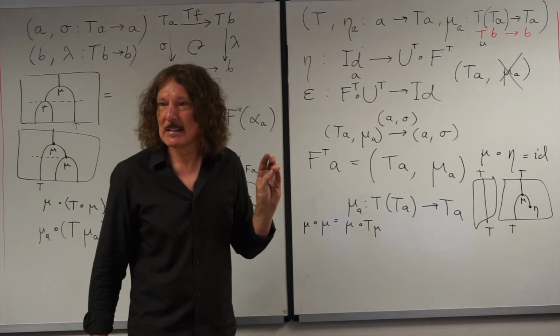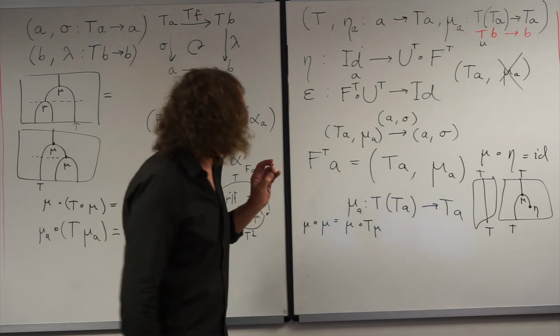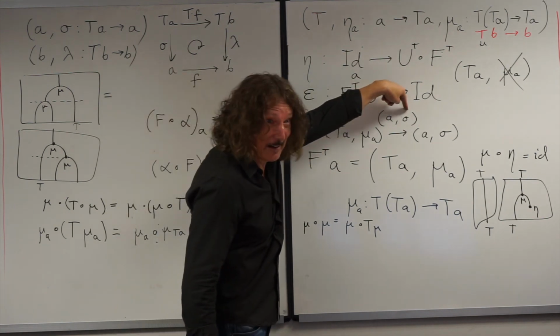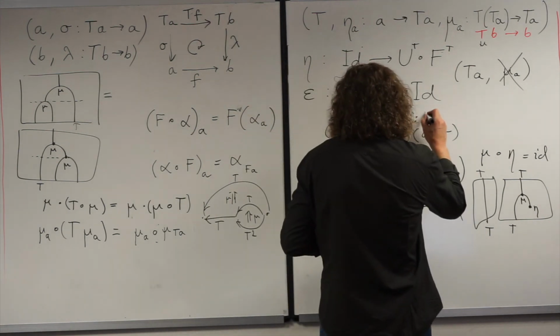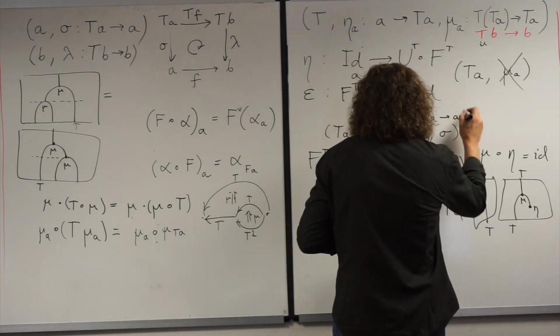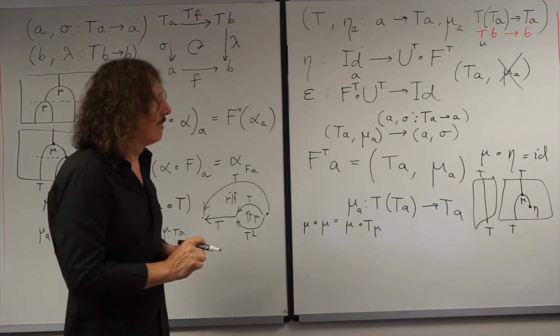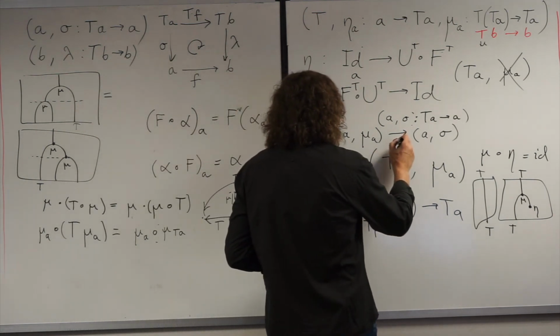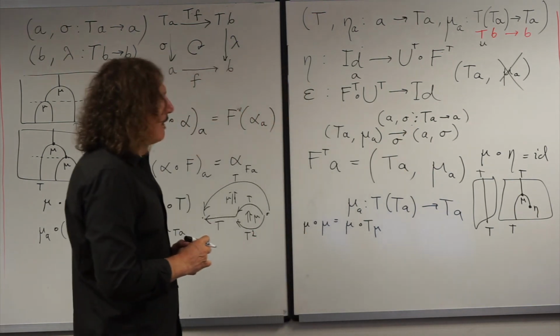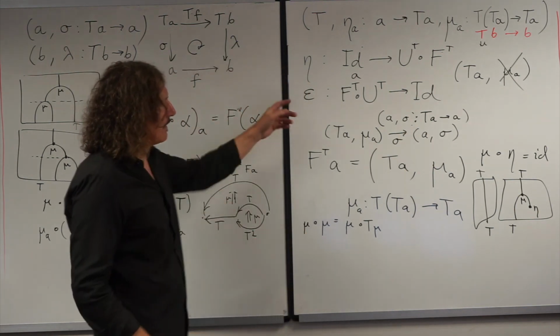Can anybody see it? Yeah, sigma. I could write sigma goes from TA to A. So I can use sigma as my epsilon.